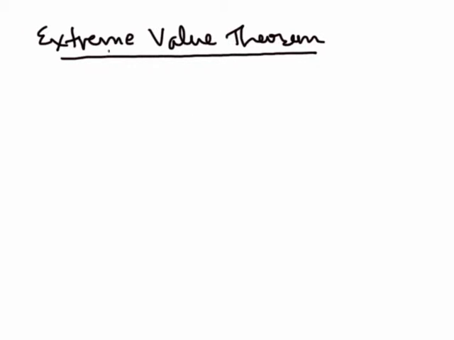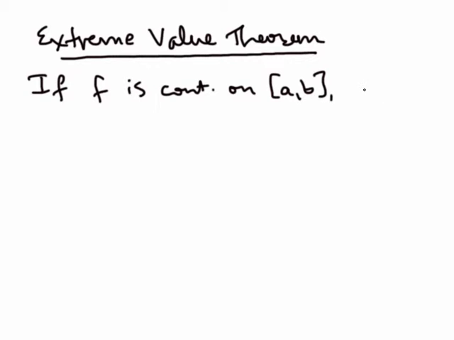What this theorem says is that if f is a continuous function on a closed interval, then f has an absolute max and has an absolute min.